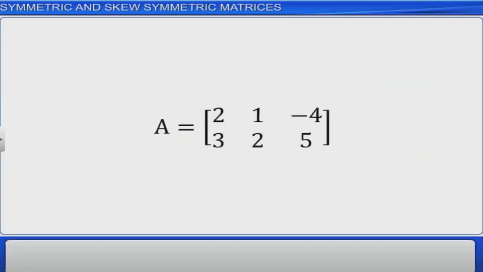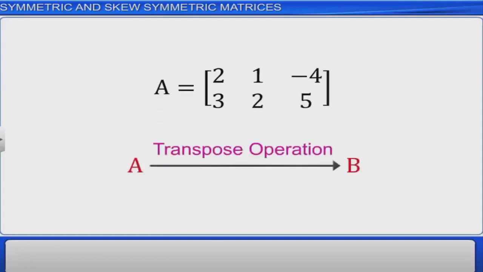To understand this, let's find the transpose of matrix A as shown. Let the matrix that we obtain after transposing A be B. Let's see how we obtain this matrix.